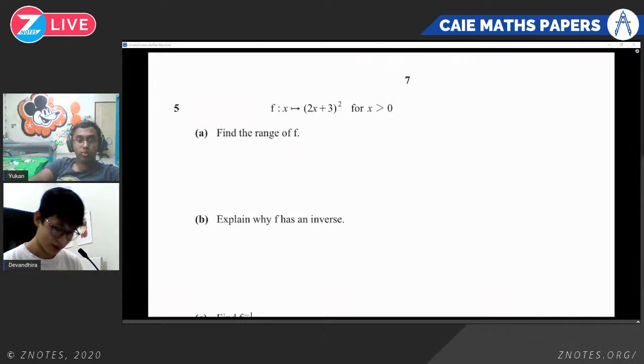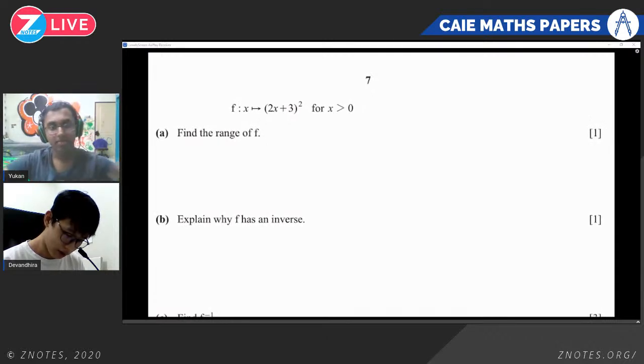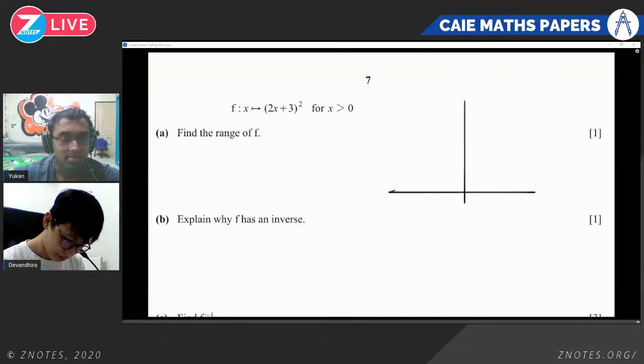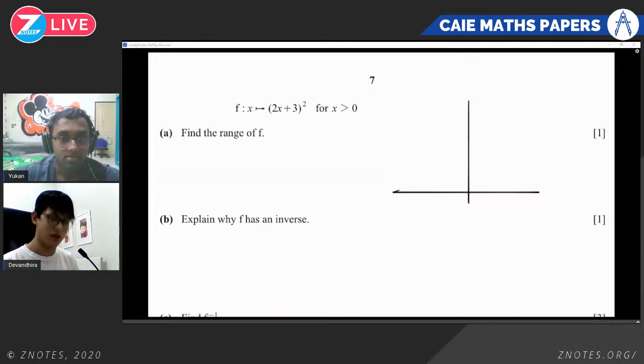One way to think about finding the range is to visualize how the graph looks first. Yeah, you can do that. So we can draw the graph first. Let's draw it here. This is a quadratic graph, correct? It's an x squared graph.